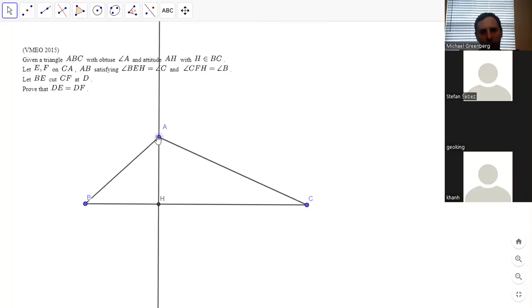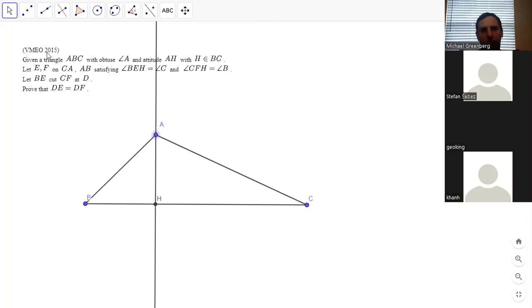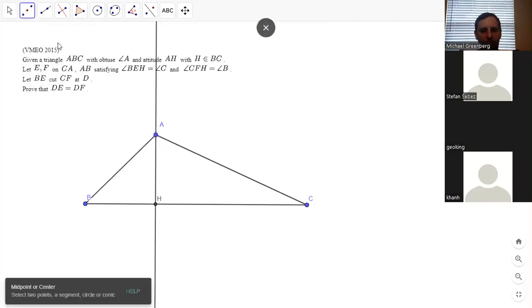Draw the circle orthogonal to, is that the circle with diameter CH? Centered at B. Okay.